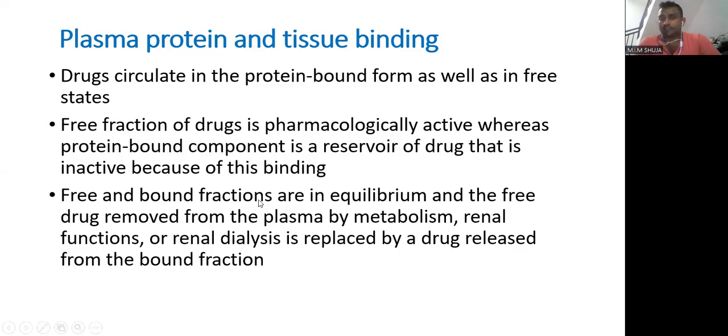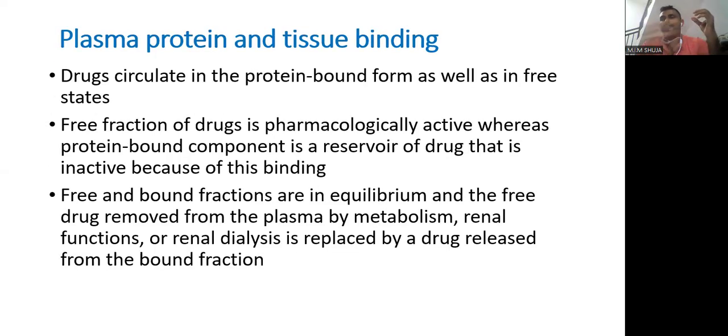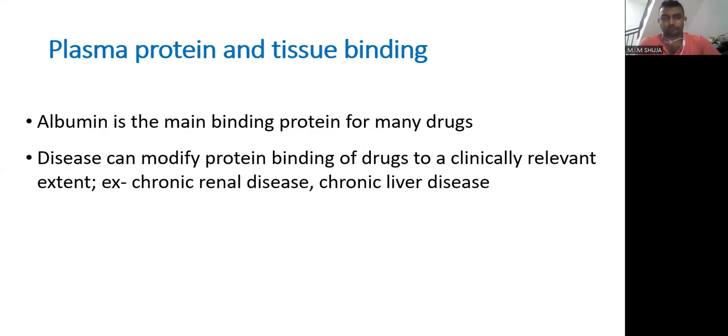Free and bound fractions are in equilibrium, and the free drug removed from the plasma by metabolism, renal function or renal dialysis is replaced by drug released from the bound fraction. So when the free portion is reduced, your reservoir or the bound portion will release the drug as a free form. Albumin is the main binding protein for many drugs as it is a common plasma protein.